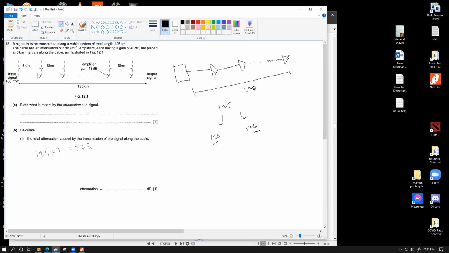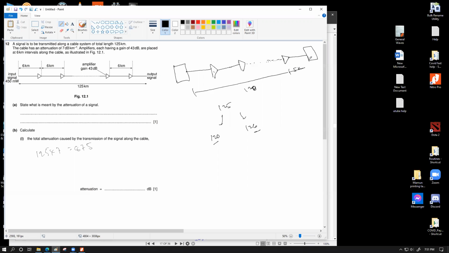So this is our certain number of amplifiers. We're gonna find that out, but bear with me. If this amplifier is at this point, we have a length of communication channel that is 120 kilometers, which means after this we have how much? We have only 5 kilometers left. Are we going to need another amplifier station over here, or are we going to have the receiver station over here? What are we going to have?